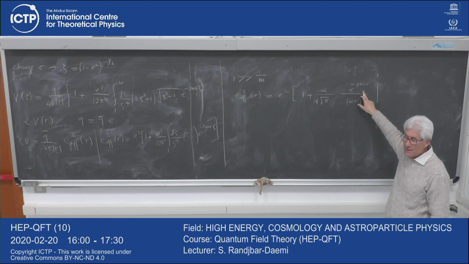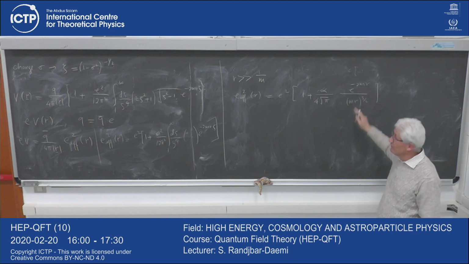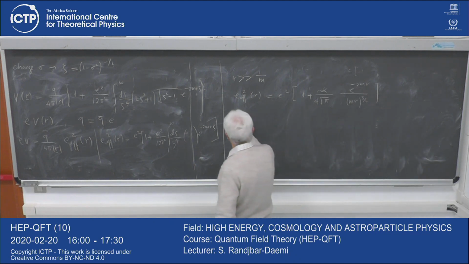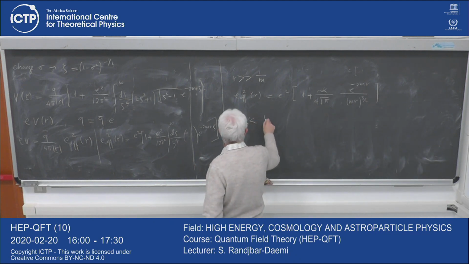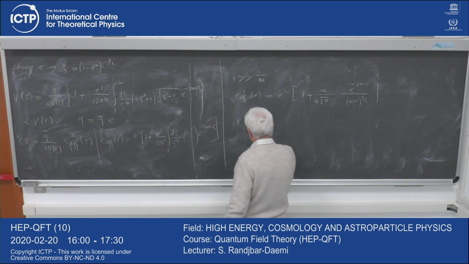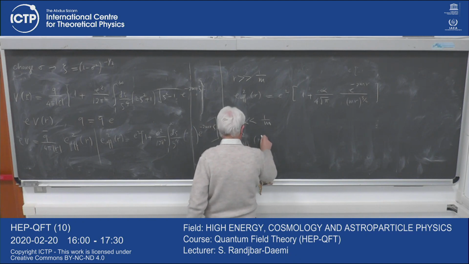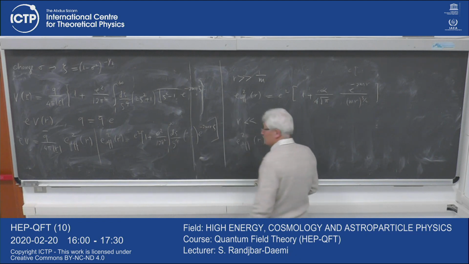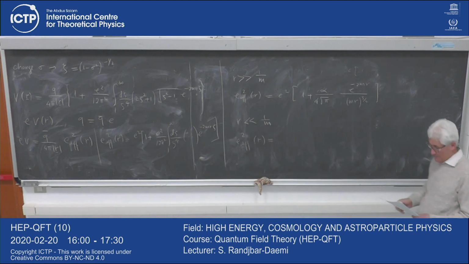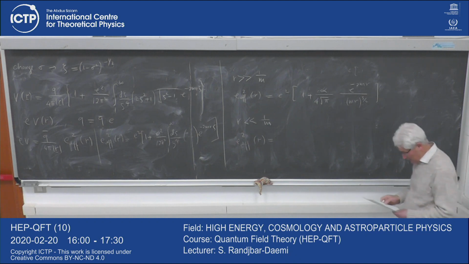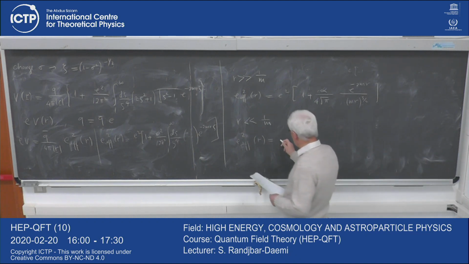Okay? The other limit is R much smaller than the Compton wavelength. This is obviously the place where you expect something interesting to happen. And it was so interesting that from it, Landau decided that not only QED, but all field theories are dead. And I'll tell you in a minute why he decided that.